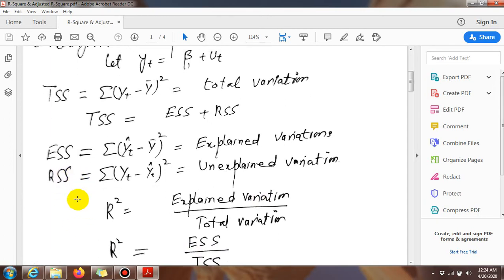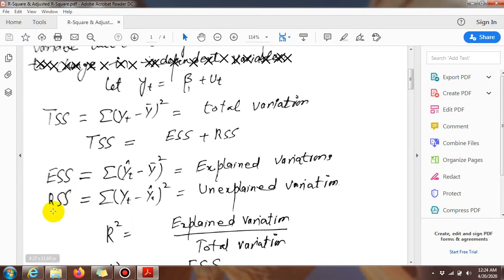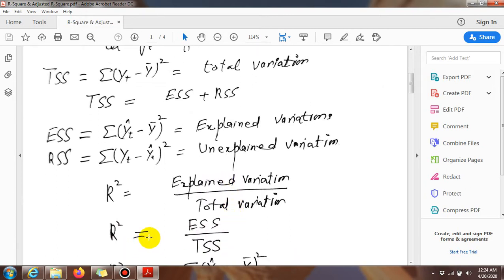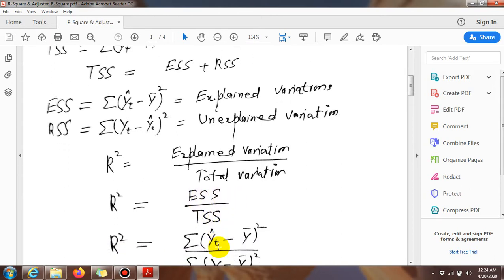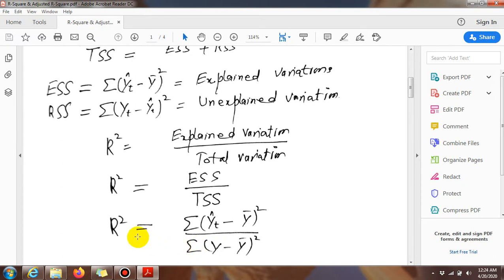Okay, that's it. Here is the first formula for R square. R square is equal to explained variation divided by total variation. You can call it R square is equal to ESS divided by TSS, and here is the complete formula: R square is equal to summation of (y hat t minus y bar) square divided by summation of (y minus y bar) square.